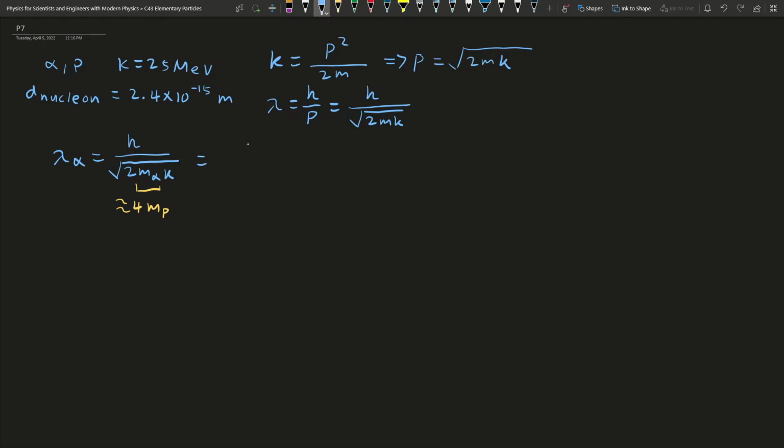Now we substitute the values inside. This is the Planck constant, 2, 4, and the mass of a proton.